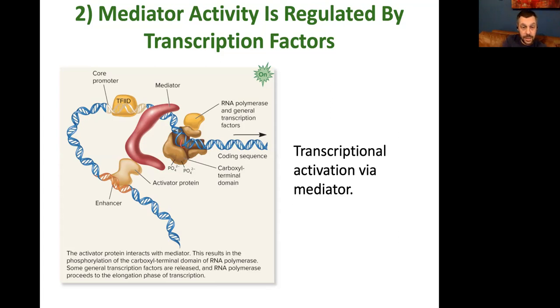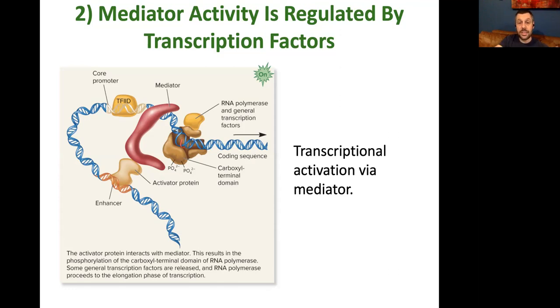If the enhancer doesn't bind the activator protein, it won't recruit the mediator, RNA polymerase will not be phosphorylated, and you won't get transcription. So when the enhancer binds the activator and helps this big load of proteins get together, RNA polymerase does its job.